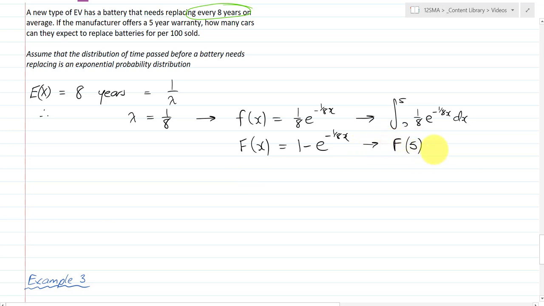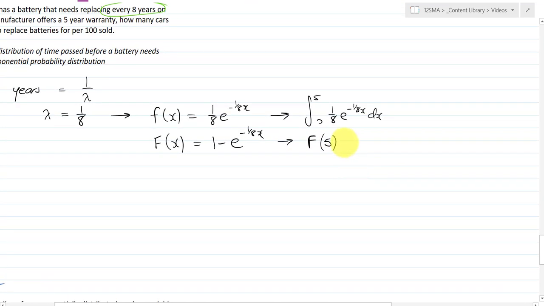That will give us a cumulative value up to 5, and so in this case that's 1 minus e to the negative 5 on 8, and that's 0.4647, which is probably important here. So that's our probability of there being a replacement required under 5 years.